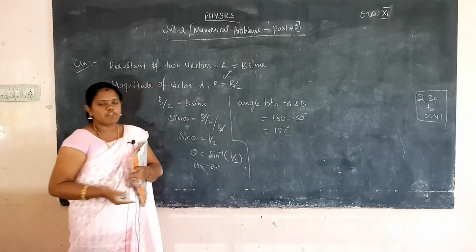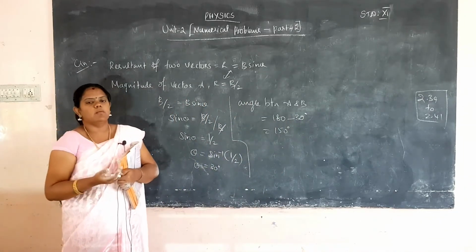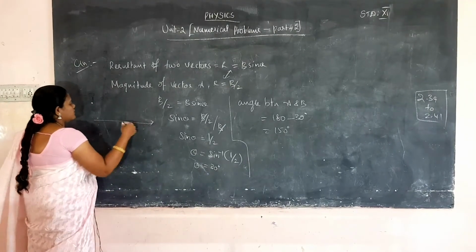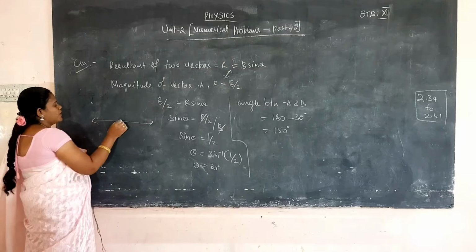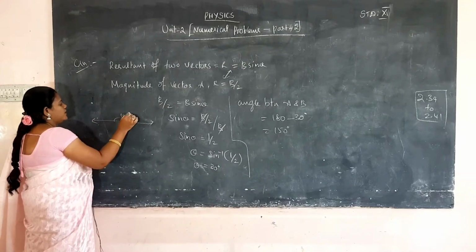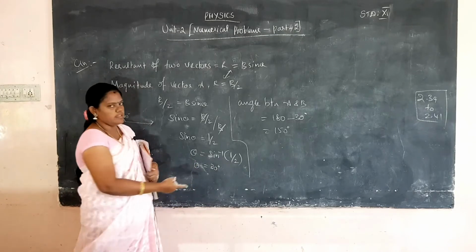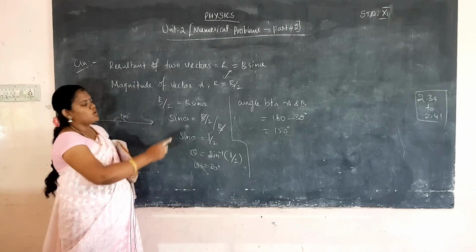Why subtract from 180 degree? A and B are anti-parallel, meaning one vector moves one side and the other moves in the opposite side, so the angle is 180 degree. We first found theta is 30 degree, so 180 minus 30 is 150 degree.